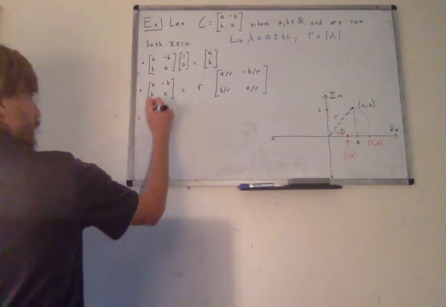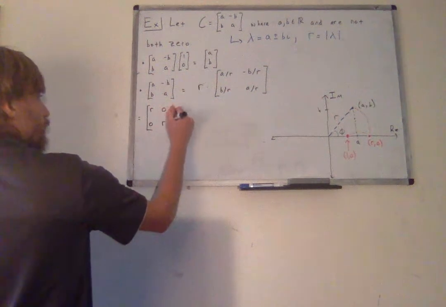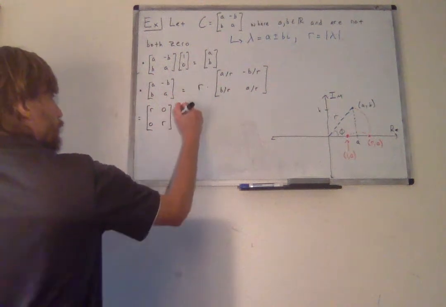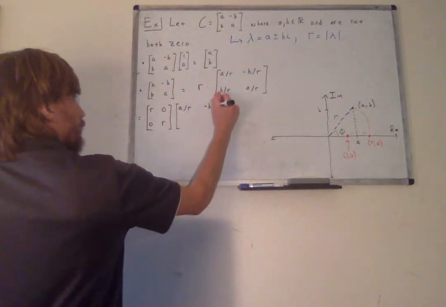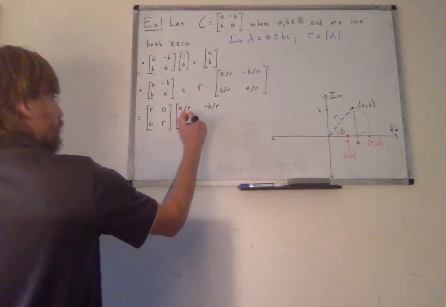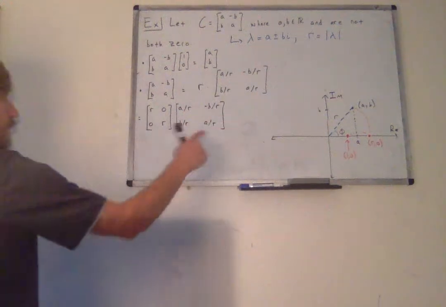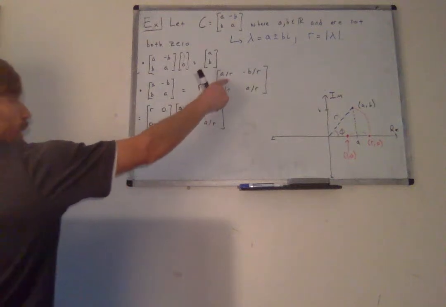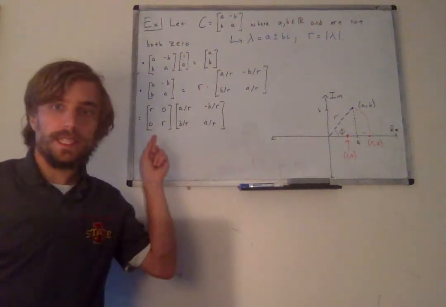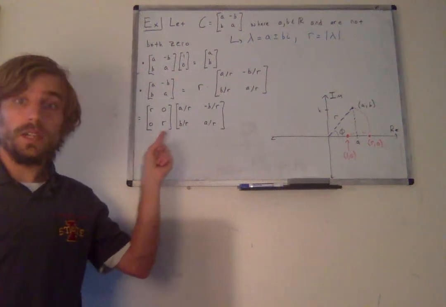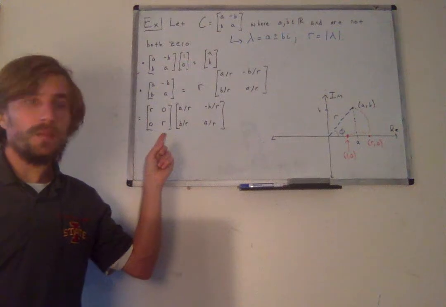If we were to multiply these two matrices, multiplying this matrix times this matrix is equivalent to multiplying r times this matrix. Multiplying r by each one of these terms is equivalent to multiplying the identity matrix times r and then doing this multiplication, because this matrix is just the identity matrix times r.